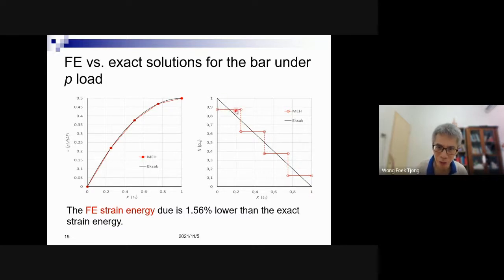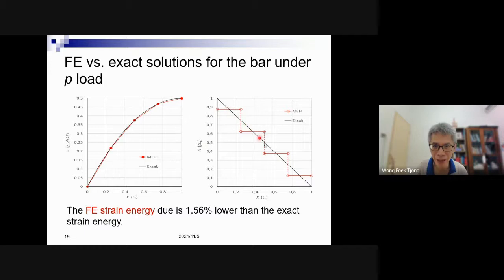The finite element solution gives something like an average, right? Constant but average normal force. So if you want to be accurate, the finite element result should be interpreted at the mid nodes of the element. When we read the finite element solution for the normal force, we should think that it is the normal force at the mid nodes of the elements.